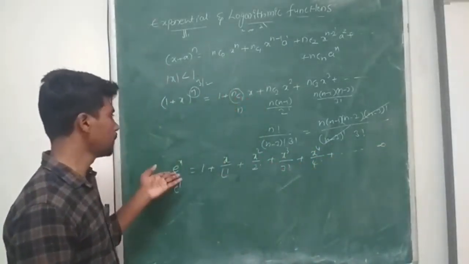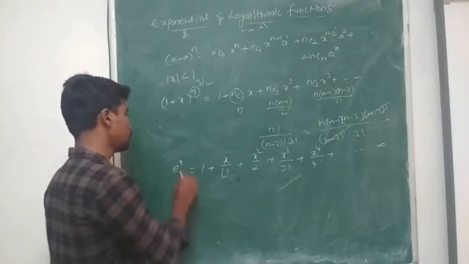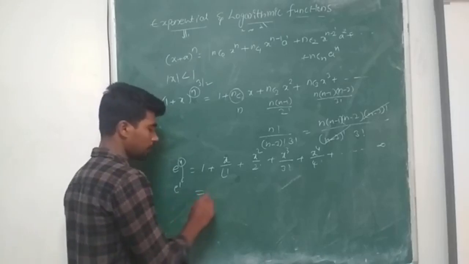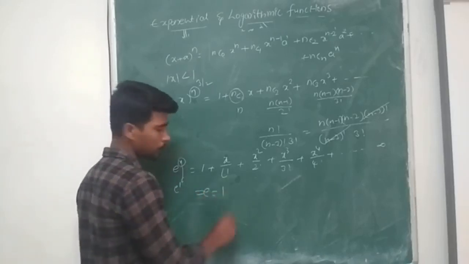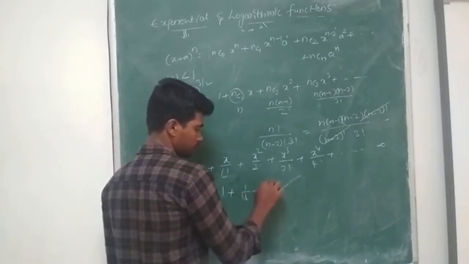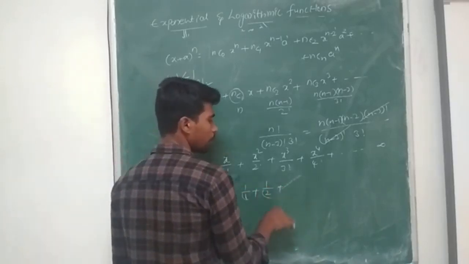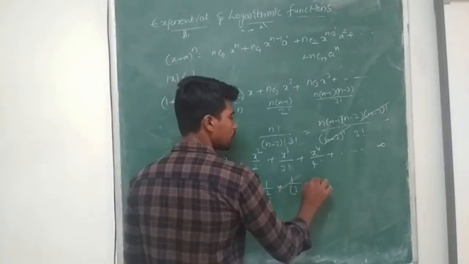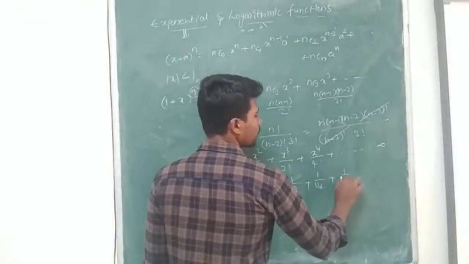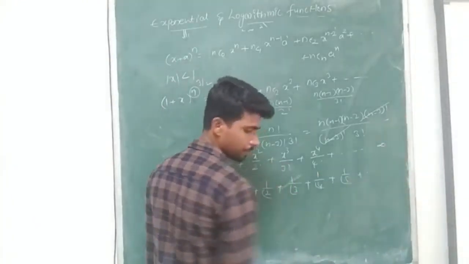This represents the e power x expansion. So in place of x, if I substitute 1, I get e power 1, nothing but e, is equal to 1 plus 1 by 1 factorial plus 1 by 2 factorial plus 1 by 3 factorial plus 1 by 4 factorial plus 1 by 5 factorial and so on.